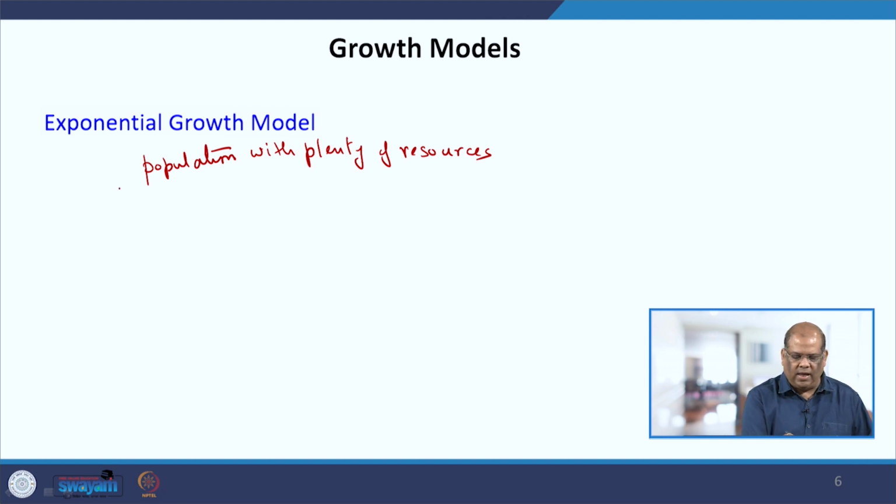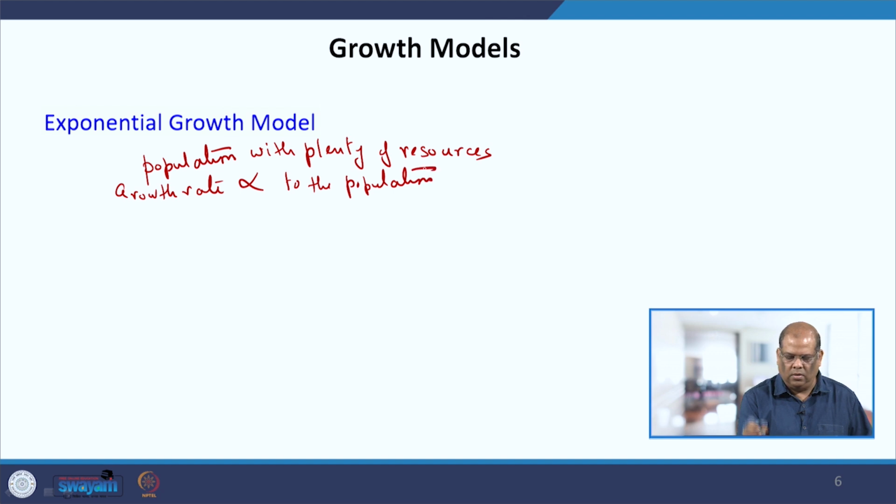In such a case, the growth rate is proportional to the population. That means if x is some species, then dx/dt, the rate of change of the population, is proportional to the population x.